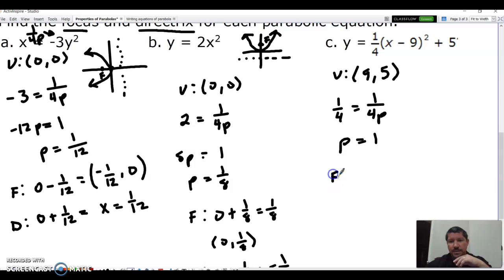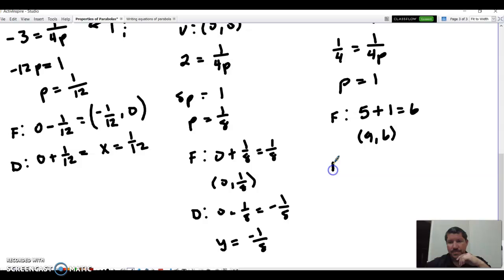So my focus is going to be at 5 plus 1, or 6, or the point 9, 6. My directrix in this case will be 5 minus 1, or 4, or y equals 4.